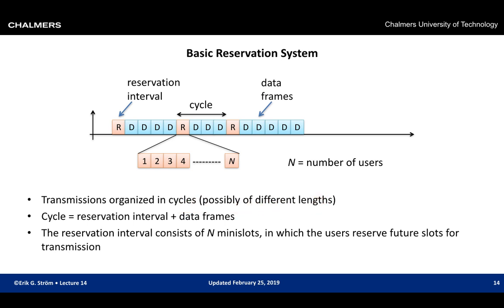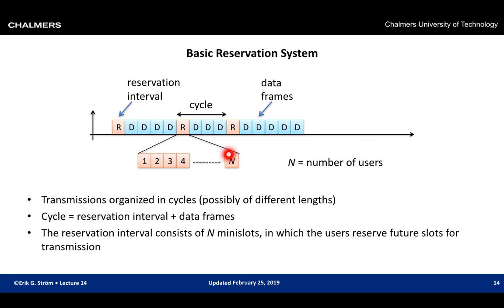If we take the cycle here in the middle, it starts with this peach reservation time, and then there are a couple of data frames. So there are 3 blue data frames after this reservation. Then there is another reservation time, and then it happens to be 1, 2, 3, 4, 5 data frames after that. And then there is another reservation, and so forth.